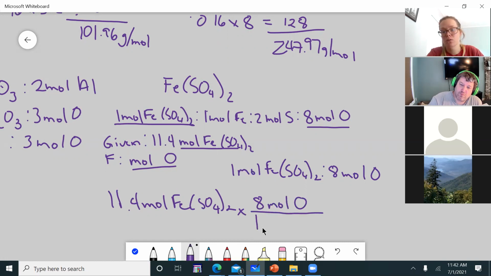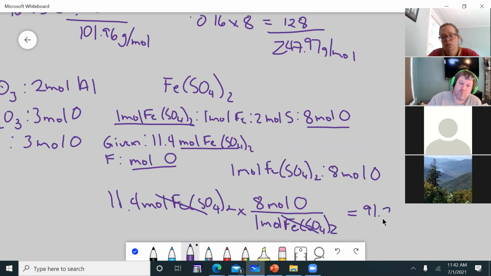I want to get rid of this compound, 1 mole of the FeSO4, 2. These cancel, and all we're going to do is take our initial value and multiply it by 8 because we get 8 oxygens in every one of those compound packets. We'll get 91.2 moles of oxygen.